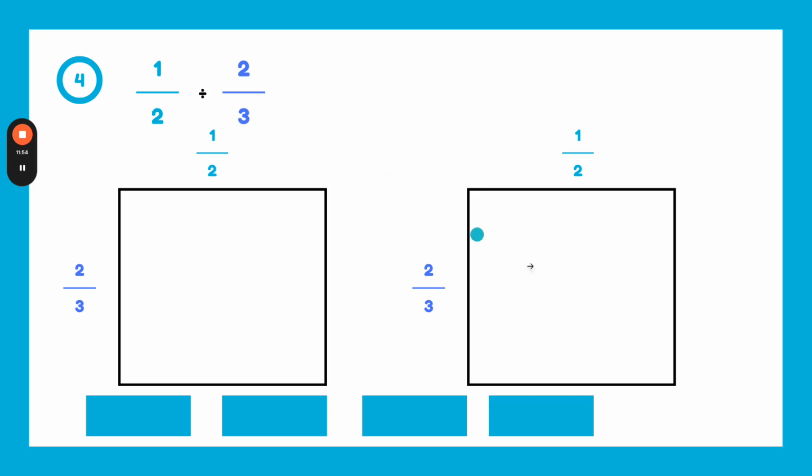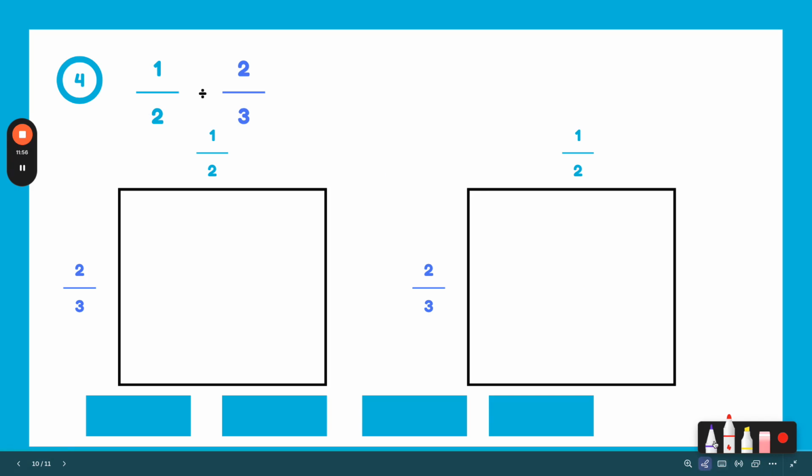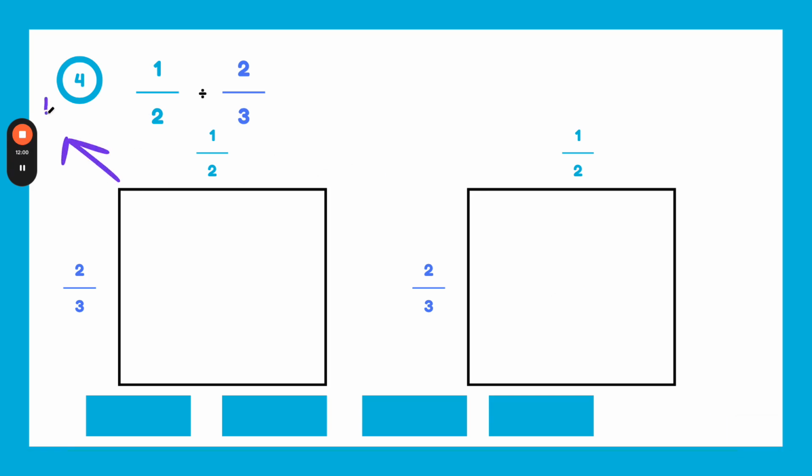So let's imagine, or let's say this first square represents a half, and this square represents 2/3. So a half means we split our square into 2 and shade one of the pieces.